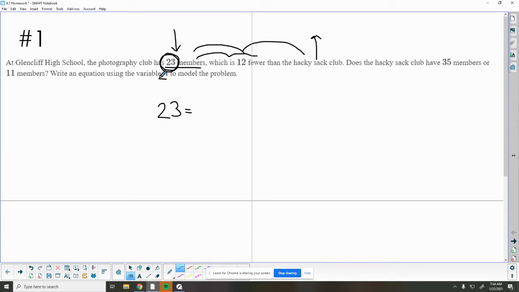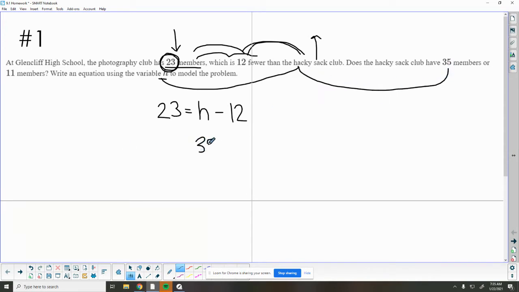So we're going to say H is representing Hacky Sack Club. So if I take H and I want 12 fewer now, H minus 12 will equal 23. So I could plug in, here's my Hacky Sack Club, I'm saying they have 35. So if I do 35 minus 12, that equals 23.